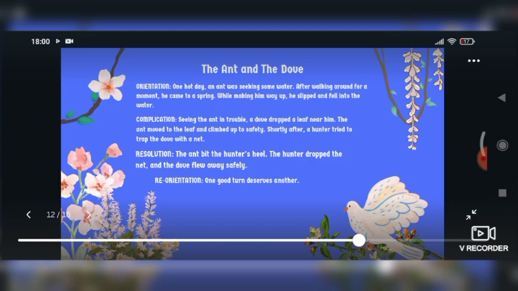So remember that, students: complication is always in the middle. And resolution comes after the complication. And after the resolution is reorientation. It's like the retelling again, but with more twist or something like that.